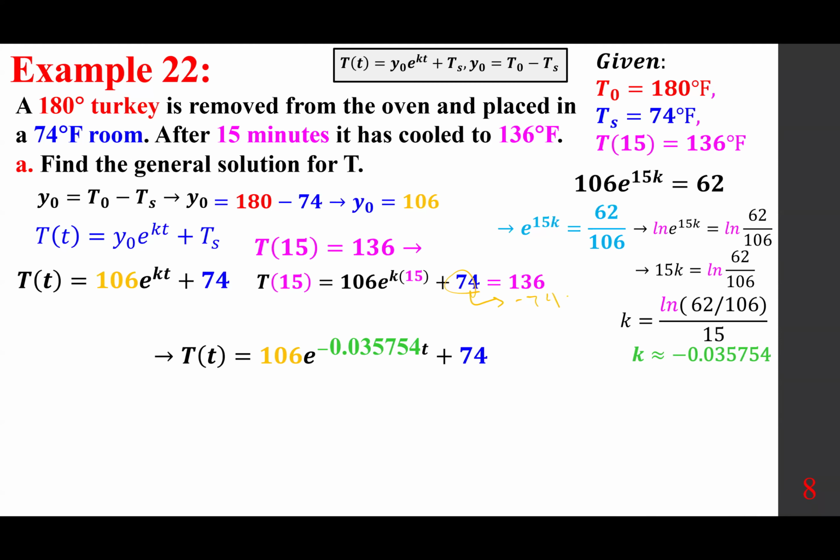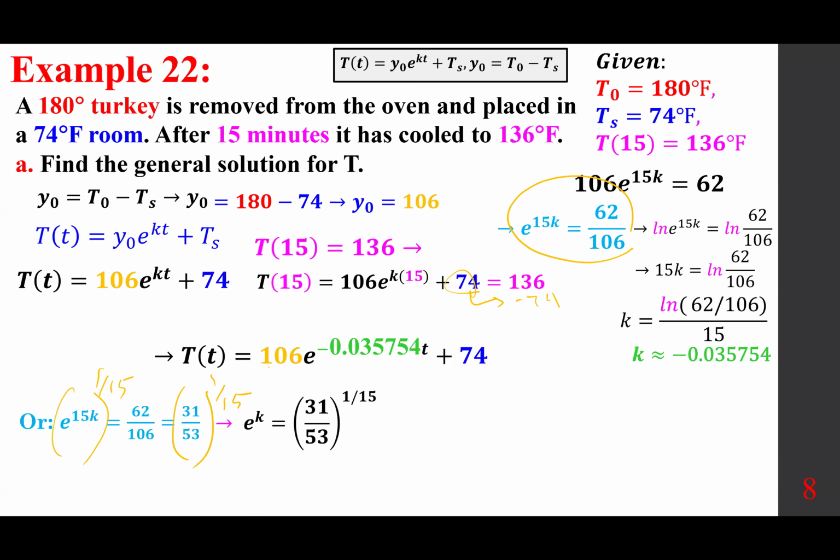There's a second method, and that is starting from here. We simplify to 31 over 53, and we are going to find e to the power of k. To find e to the power of k, you have to raise this to the power of 1 over 15, and you do it to both sides.